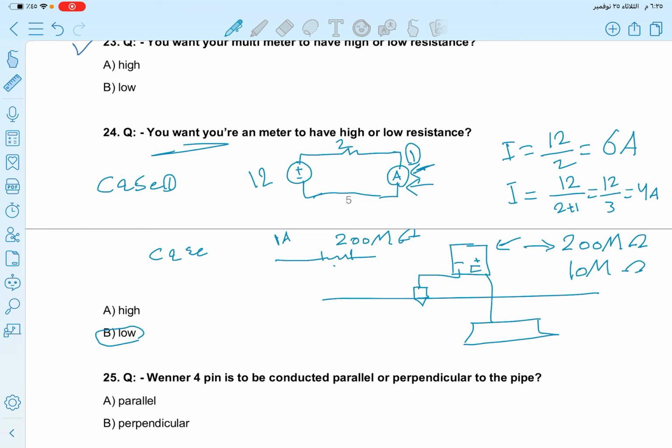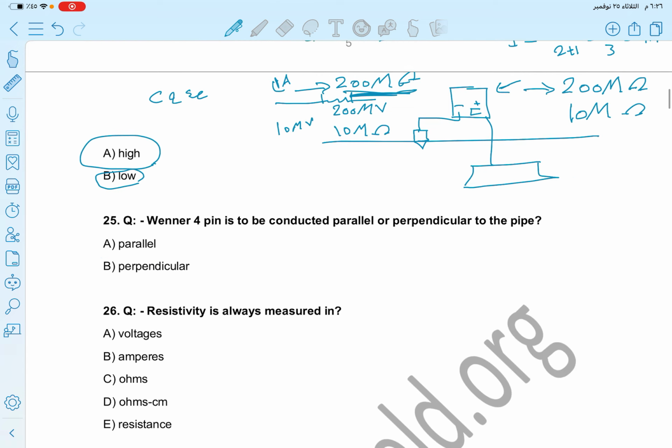For example 200 megavolt, very huge. When I have 10 mega ohm and I have 1 ampere, I will get 10 megavolt. So I need very huge resistance. I will use this one to take a very accurate voltage reading.